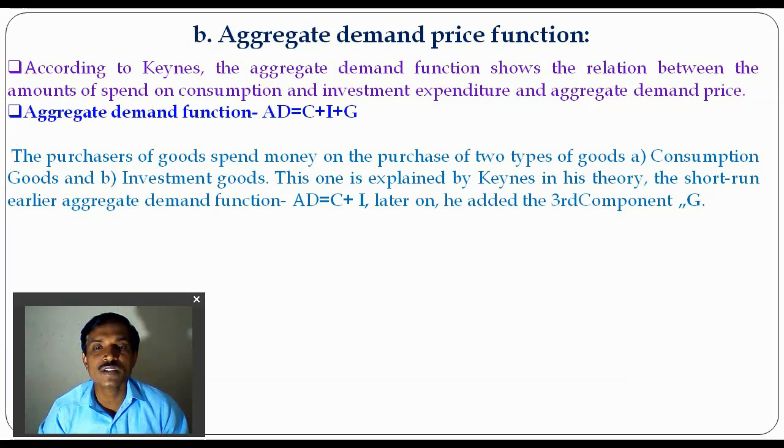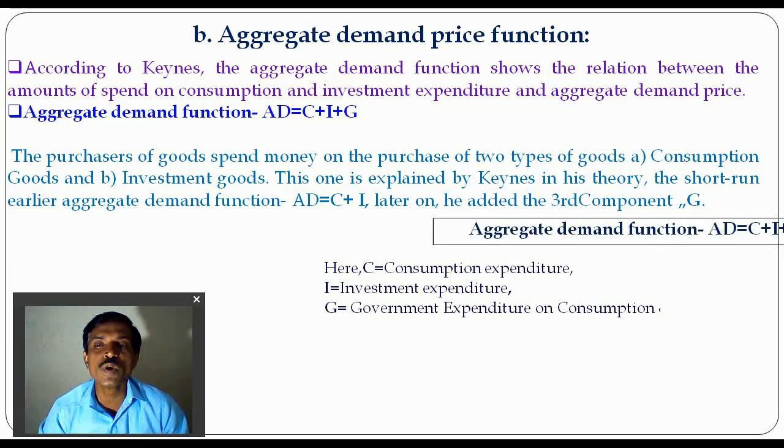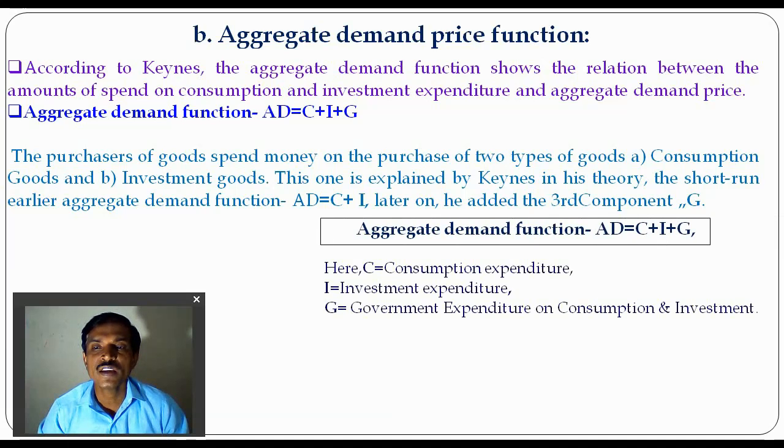Later on he added the third component, G, meaning the government. So the aggregate demand function is equal to C plus I plus G. Here C means the consumption expenditure, I means the investment expenditure, and G means government expenditure on consumption and investment.